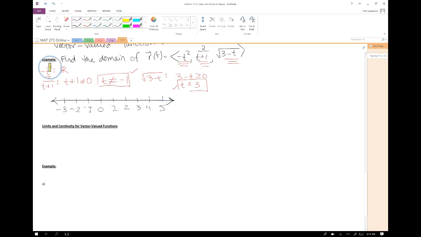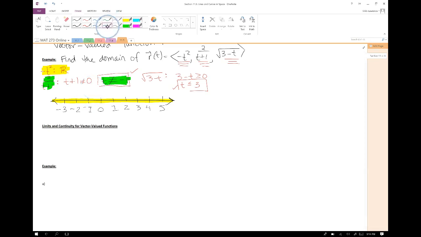So the first one we did was the domain for negative t squared, and we said that was all real numbers. We're allowed to use everything for negative t squared. Our second component function was 2 over t plus 1, and we determined that we could use anything we wanted for t except for negative 1.